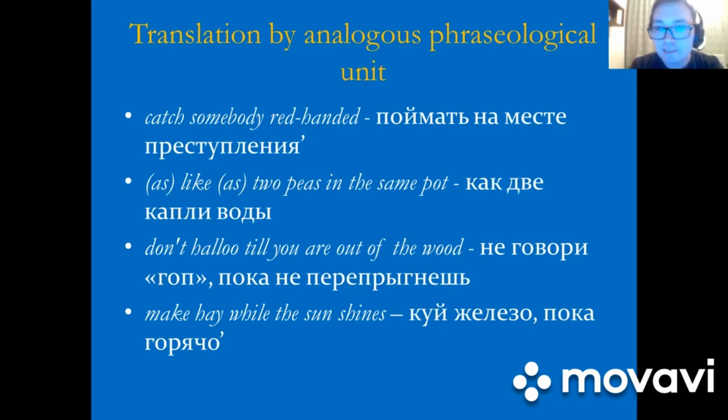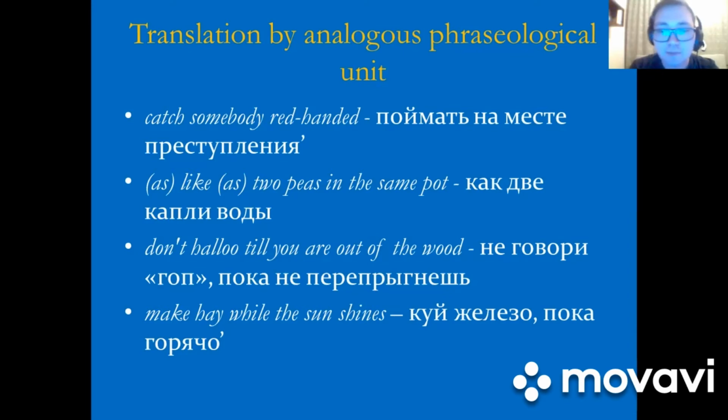We can see that the two phraseological units have the same meaning, but the imagery of them is absolutely different. Here, поймать на месте преступления means to catch somebody on the crime spot, right? And to catch somebody red-handed, we can see that the imagery is different.